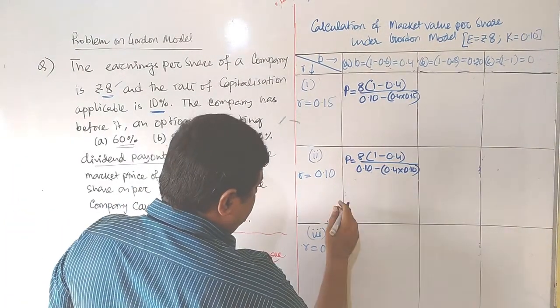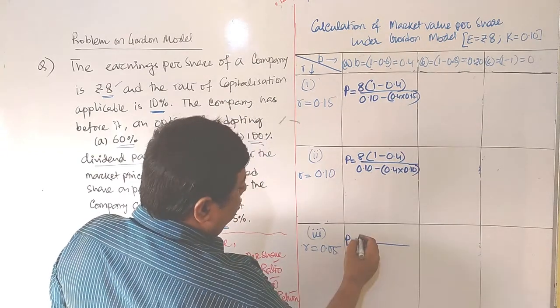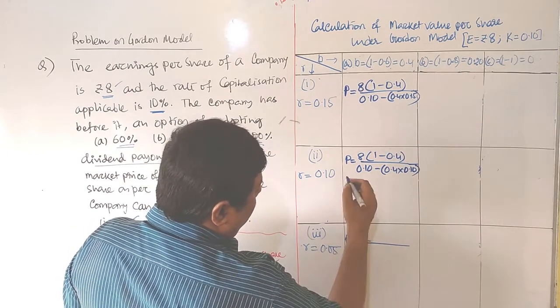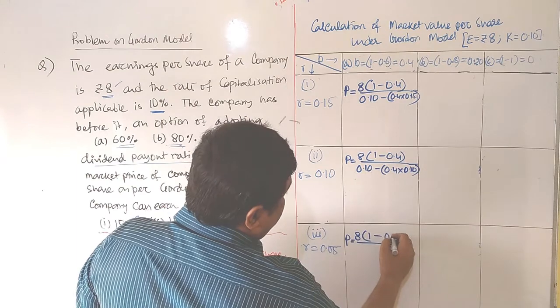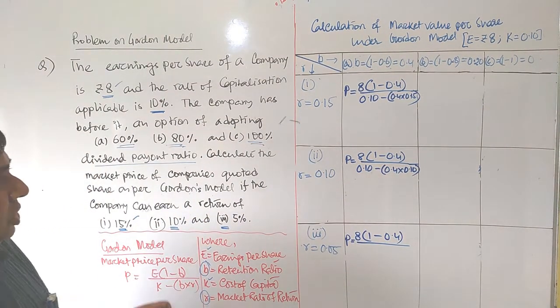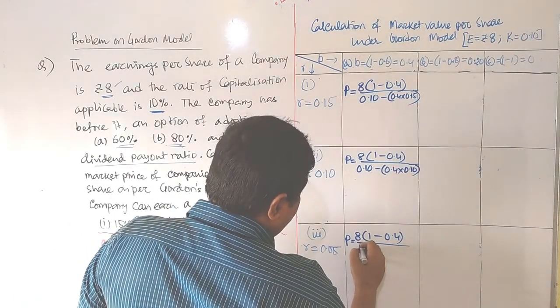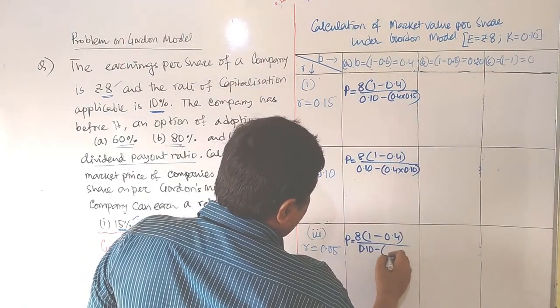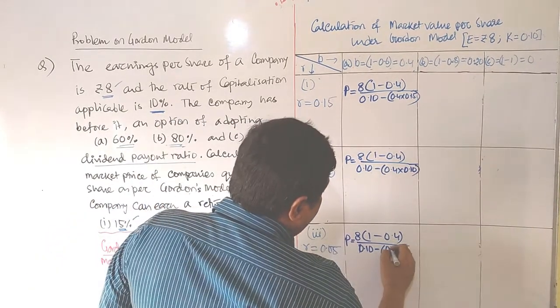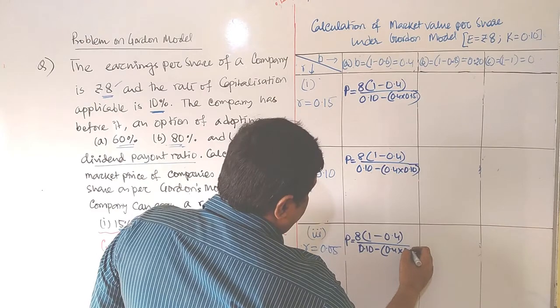In third row, first column, once we calculate P, as I said, there is no change in the numerator because according to the formula E(1 minus B) remains the same. In the denominator, cost of capital 0.10 minus BR, 0.4 and R over here is 0.05.